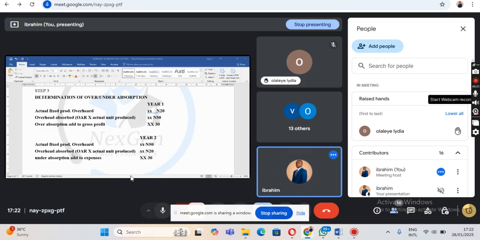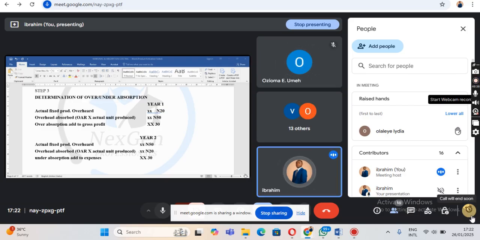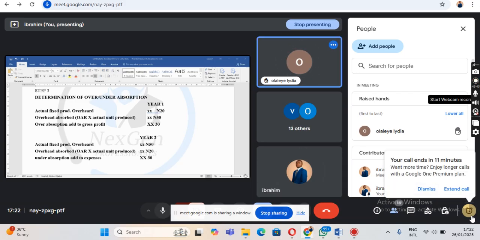Okay, Lydia, please continue according to your explanation. According to your explanation for the over absorption, the actual fixed production overhead is 20 naira and the overhead absorbed is 50 naira.